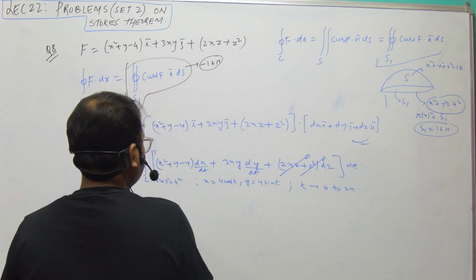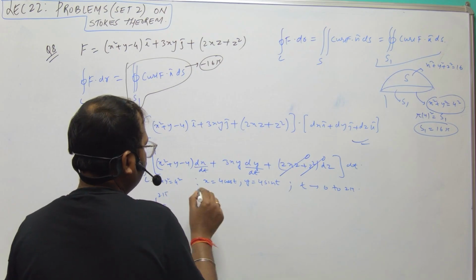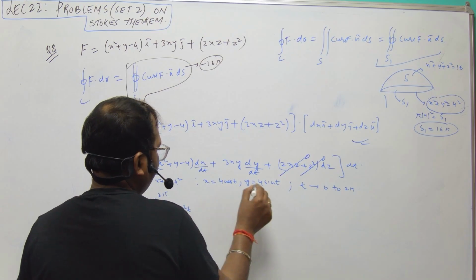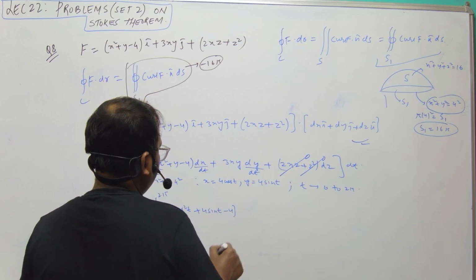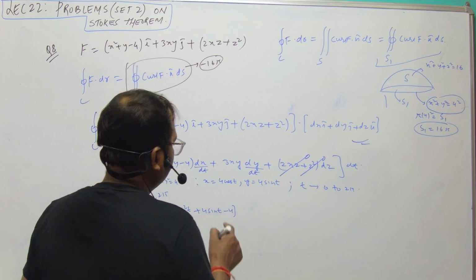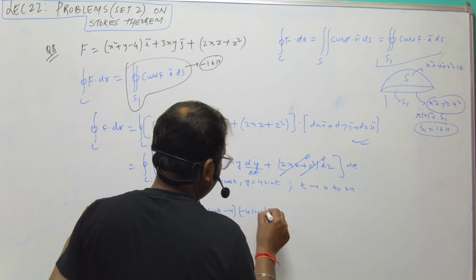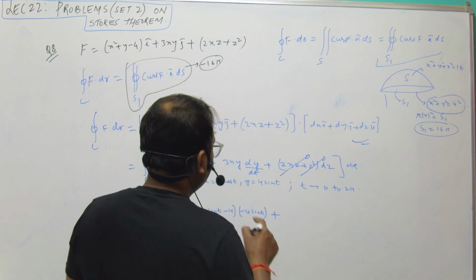So let us place the limit here, 0 to 2 pi. x square is 16 cos square t, and y is plus 4 sin t minus 4 into dx upon dt. So dx upon dt is minus 4 sin t, plus 3xy.